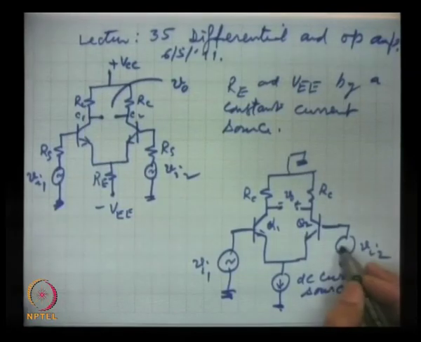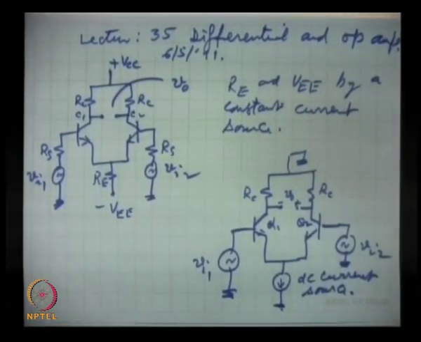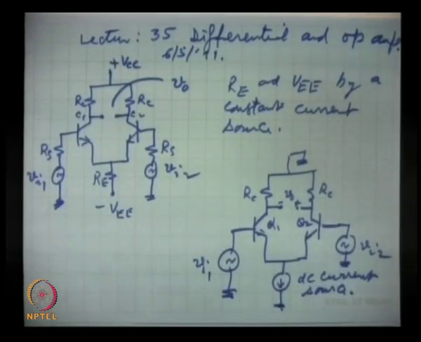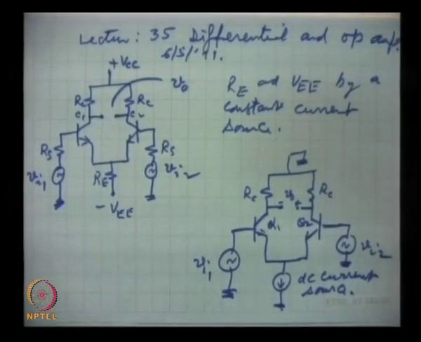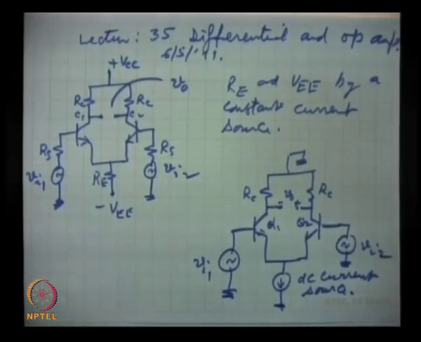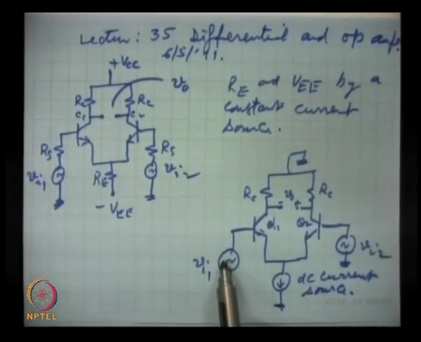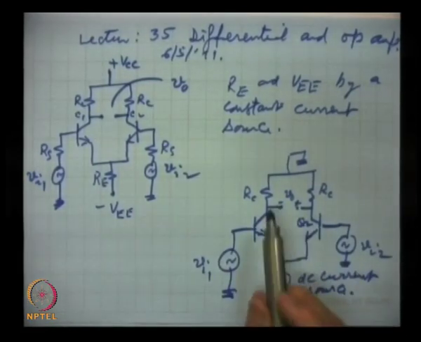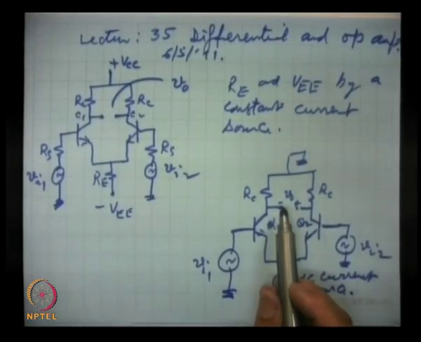Now, from the analysis which we are going to have, these are two sources. So, what we do, we will use the superposition theorem. We will take one input source as active and ground the other one, and we will see what is the contribution in the output.